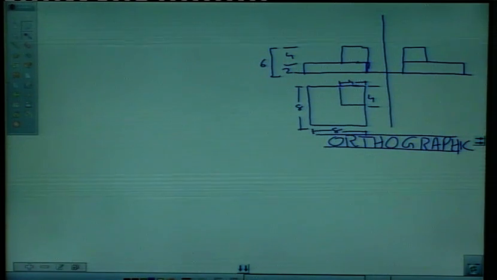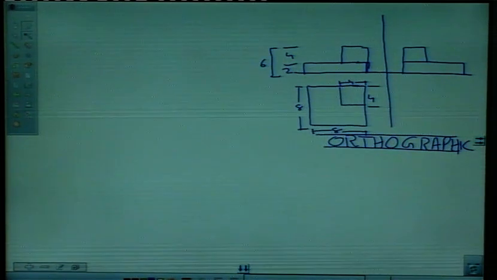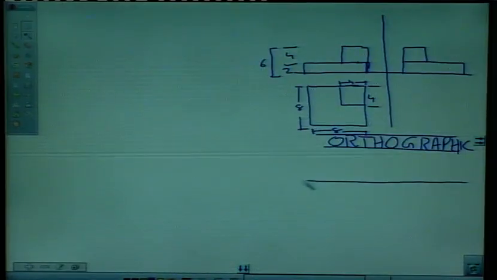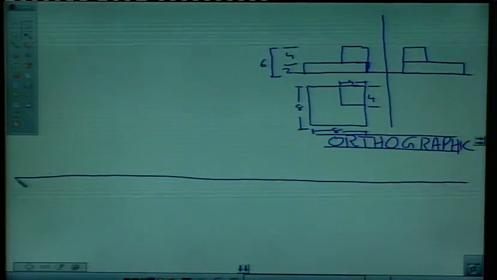So, how to convert this sketch into isometric? Again, we will start with a line, we will draw a horizontal line, right. There are many ways to draw isometric projections from the given orthographic projections.